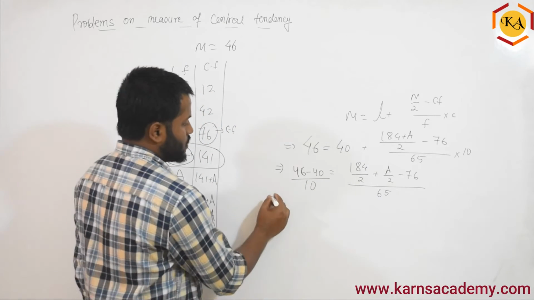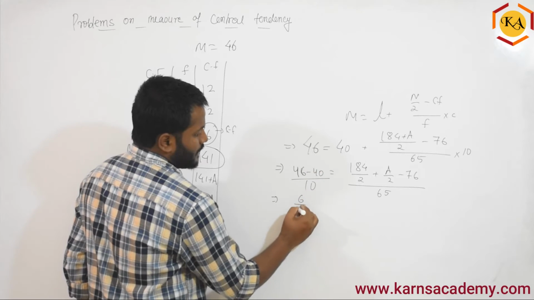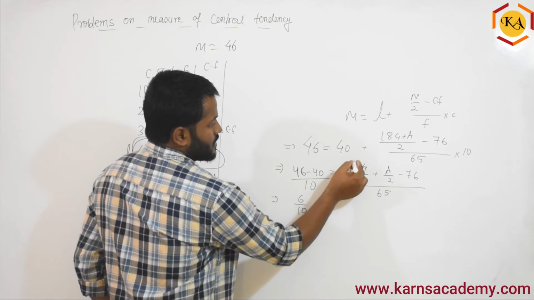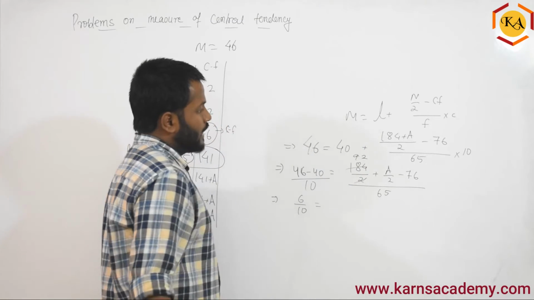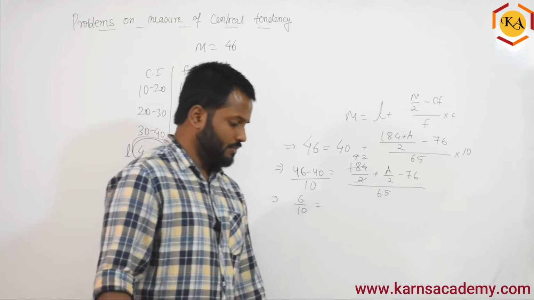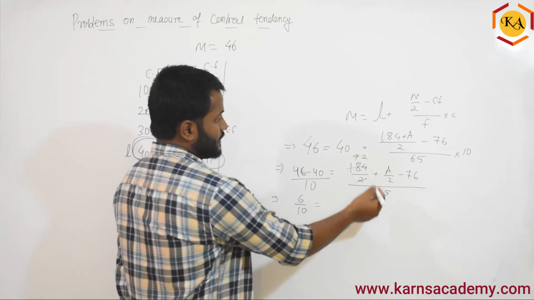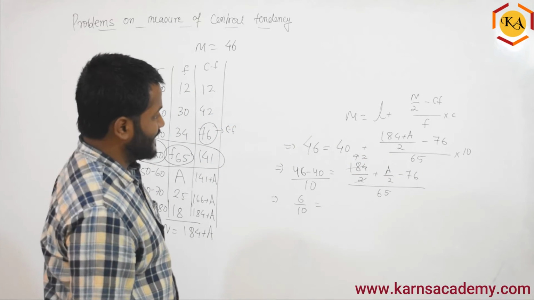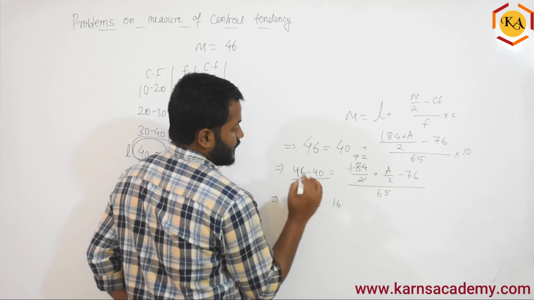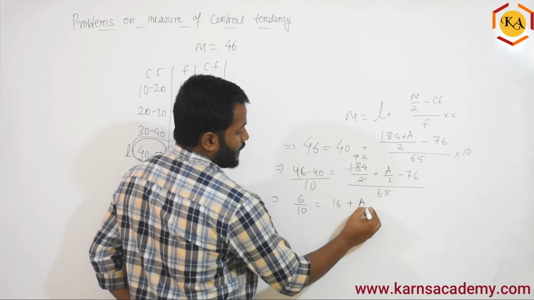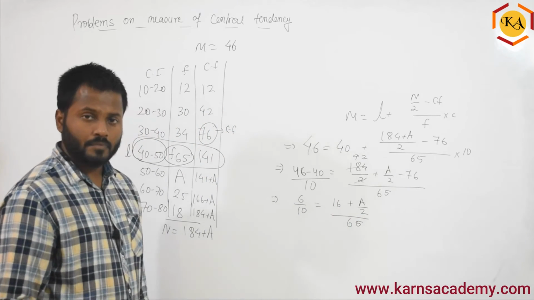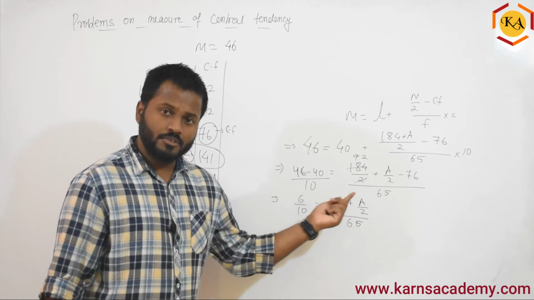Okay, so let's do it one by one. 6 by 10 equals, if I cancel this, 92 minus 76. How much are we getting? 92 minus 76 is nothing but 16. So (16 plus a by 2) by 65, correct? Can I cross multiply everything?